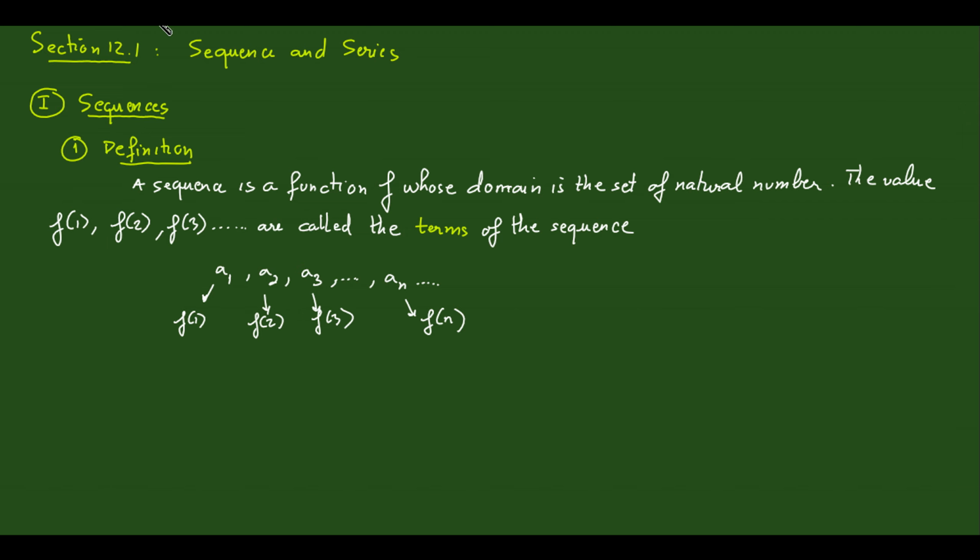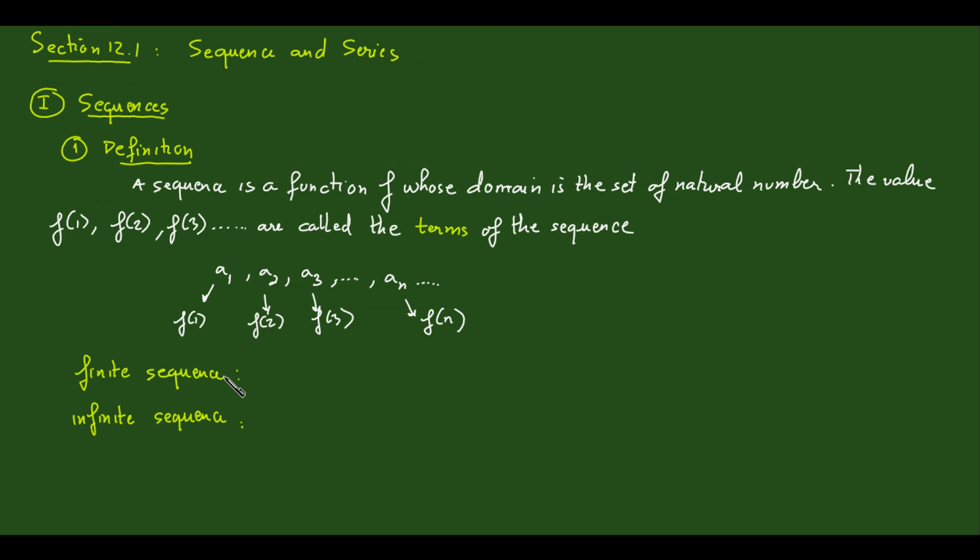So there are two types of sequences. The first we call the finite sequence, and the second is an infinite sequence.